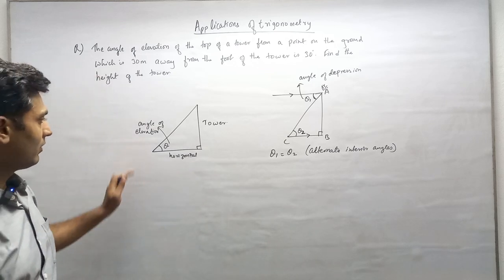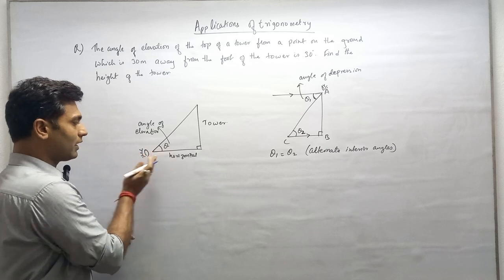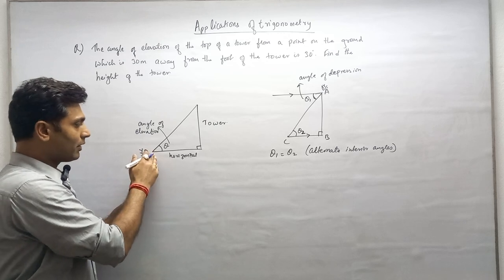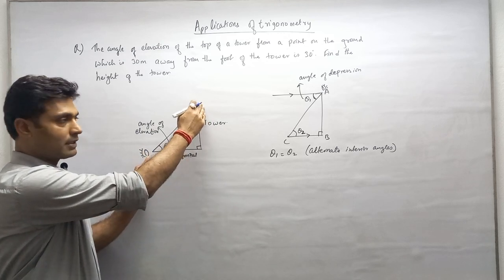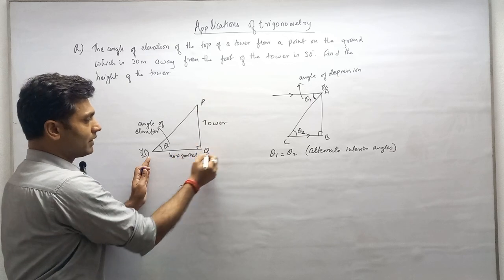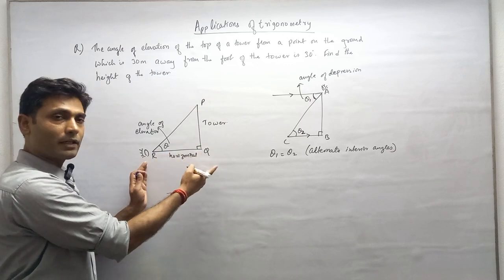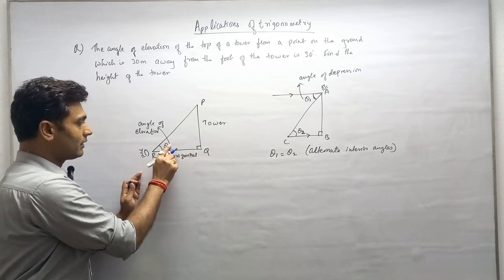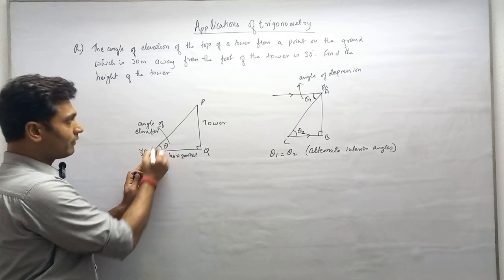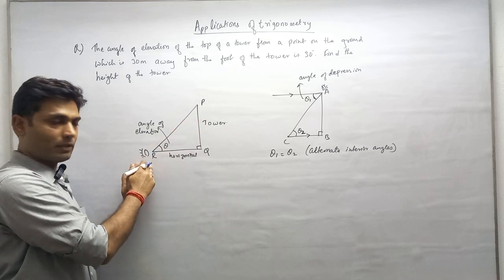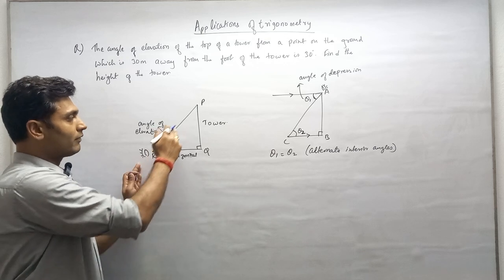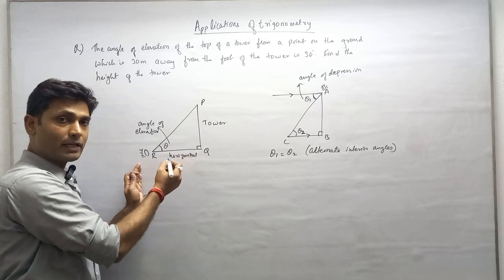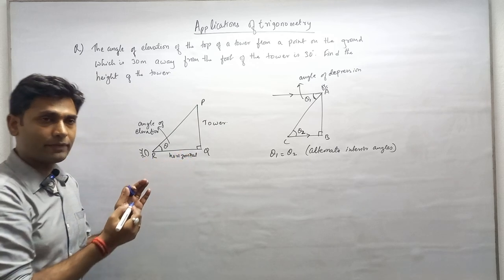Angle of elevation is when you are viewing the top of anything from a point which is below. So from this point we are observing the top of this tower. Let us mark this as P, Q and R. Do not get confused with theta and Q. This is Q and this is theta. So you are observing point P from point R, which is at the lower level. When you are observing in the upward direction, the angle which the eye makes with the horizontal is called the angle of elevation.